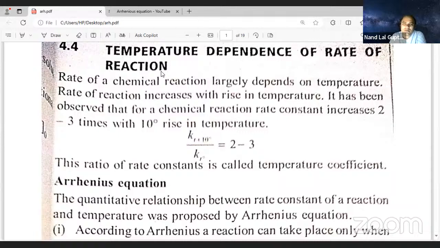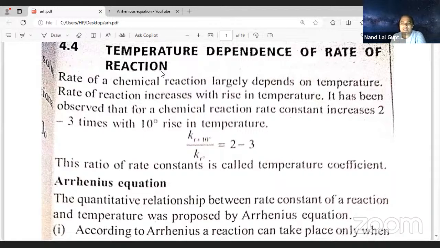Here you see, a little not visible to you, Kt plus 10 degrees divided by Kt. They are saying that if you increase by 10, it becomes 2 times. So Kt plus 10 is equal to 2 times Kt. So the rate becomes 2 times, the rate constant becomes 2 times. That is the point.